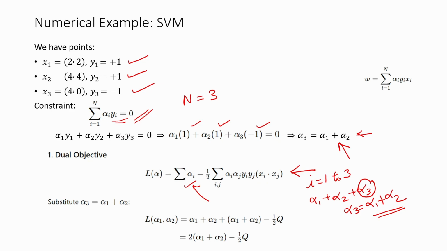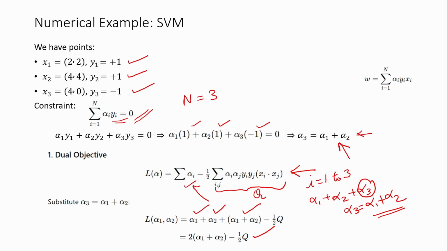So we get alpha 1 plus alpha 2 plus alpha 1 plus alpha 2, minus this complete second part, which we simply take as q for simplification, so minus half q. That is 2 alpha 1 plus 2 alpha 2 minus half q. So this is the equation you are getting here.